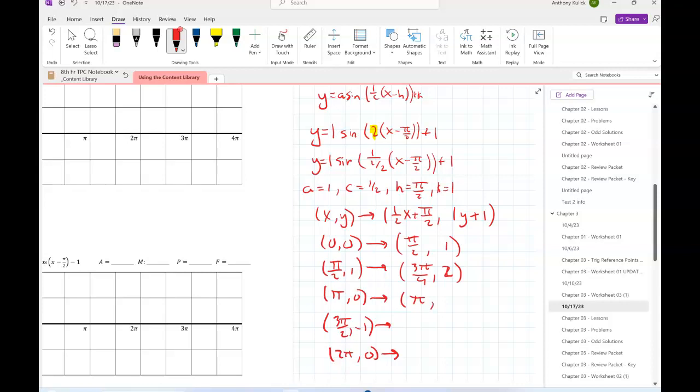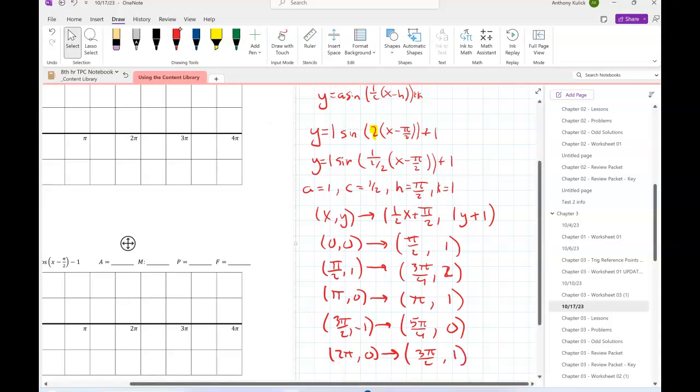And then 1 times 0 plus 1 is 1. 1/2 times 3 pi over 2 is 3 pi over 4, plus pi over 2 is 5 pi over 4. And then 1 times negative 1 plus 1 is 0. And then 1/2 times 2 pi is pi, plus pi over 2 is 3 pi over 2. And then 1 times 0 plus 1 is 1.